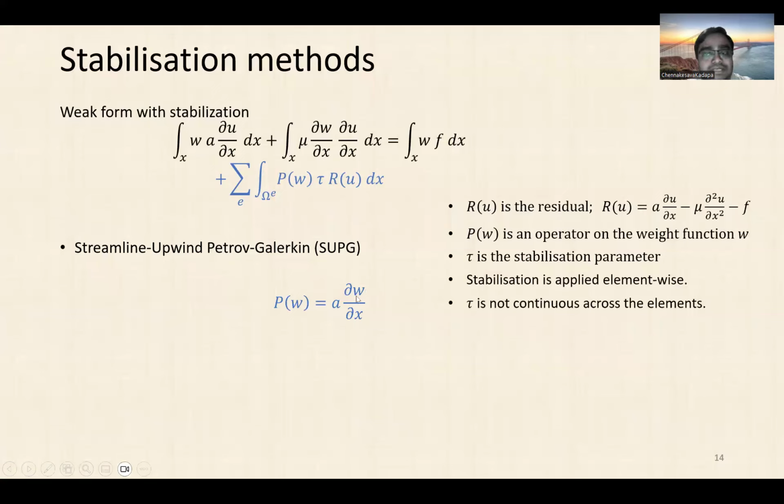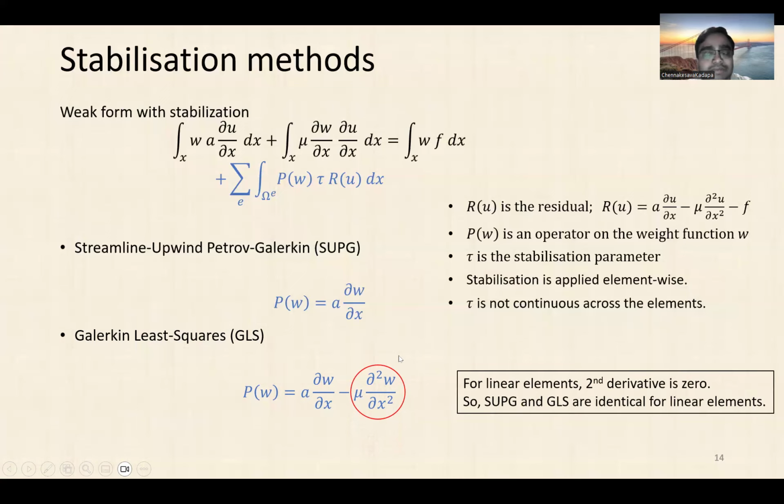And in the case of GLS, the Galerkin least squares method, our P(W) is the PDE operator without the source term, the force term f, acting on W. This is the general form for any problem. However, as we have a second order derivative here, this derivative becomes zero if we use linear elements.